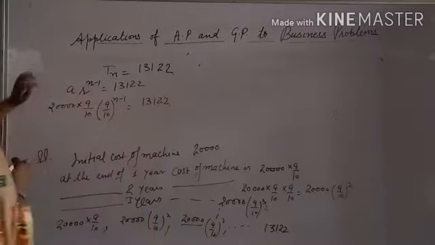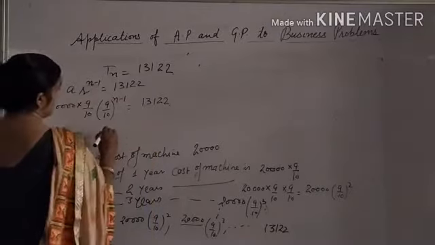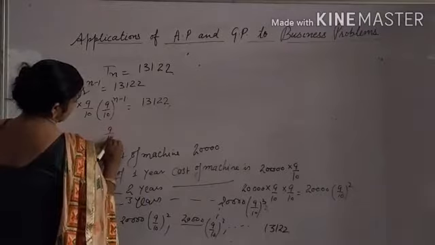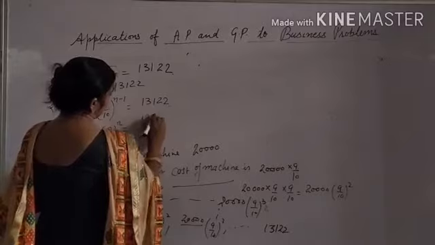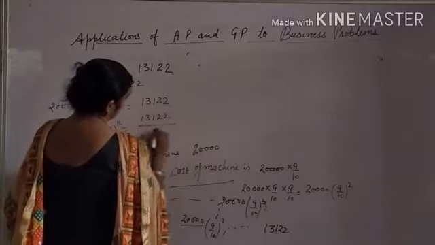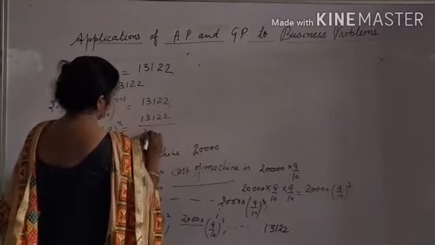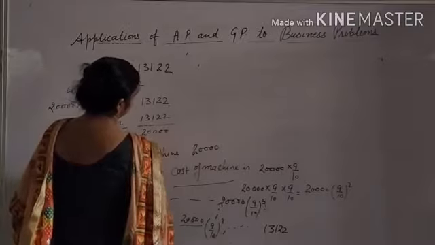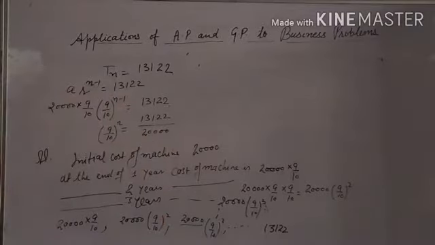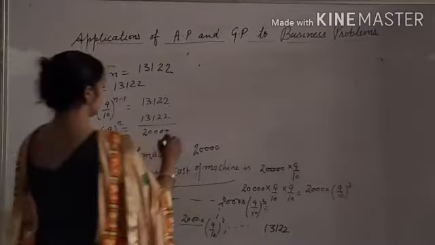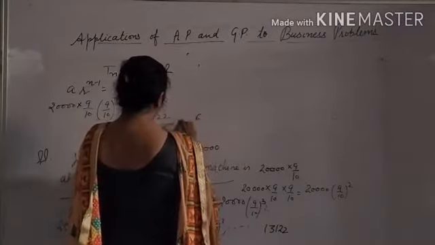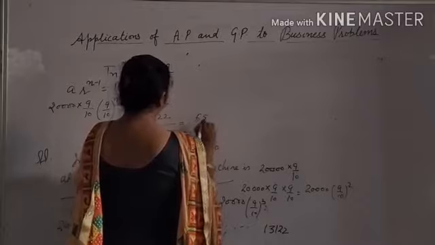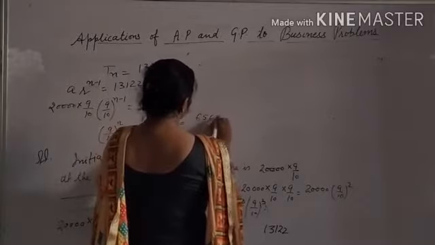So we have (9 by 10) raised to the power n is 13122 divided by 20,000. If we divide it by 2, 2 sixes are 12, 2 fives are 10, then 2 sixes are 12.